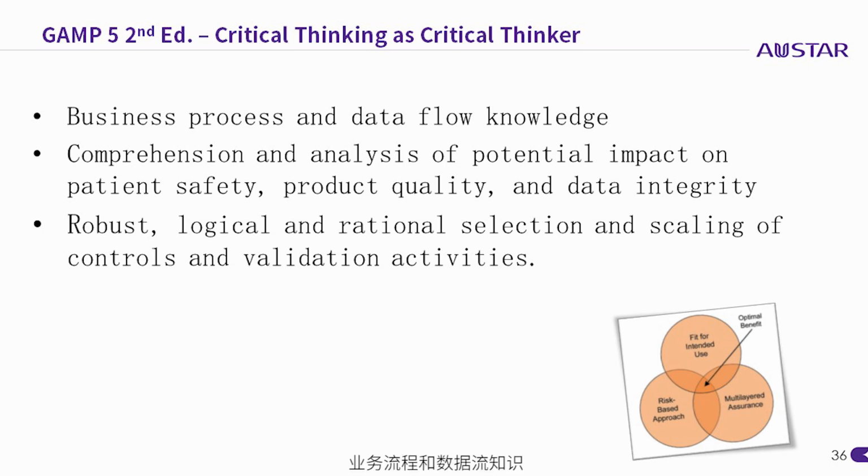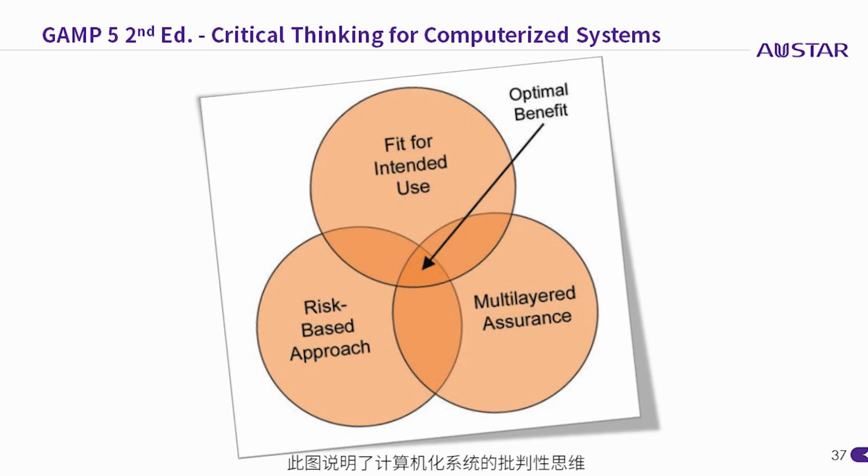Business process and data flow knowledge. Comprehension and analysis of potential impact on patient safety, product quality, and data integrity. And robust, logical, and rational selection and scaling of controls and validation activities. This figure illustrates critical thinking for computerized systems.